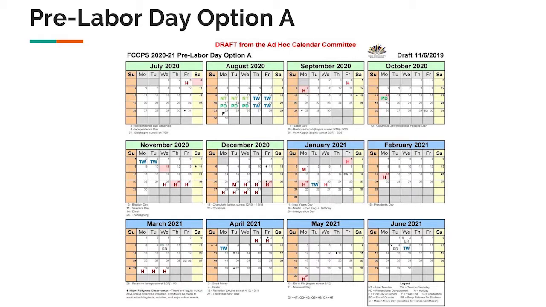And then we move into the spring break. And you see the H's there signify the days for spring break, which would be the 1st and 2nd of April, and then the 29th, 30th, and 31st of March.